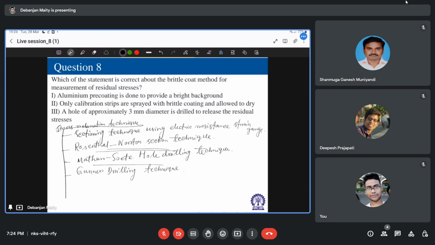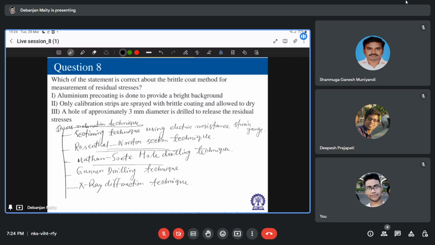And finally, you have this X-ray diffraction technique. I am familiar with what happens in X-ray diffraction, not with these techniques as such.